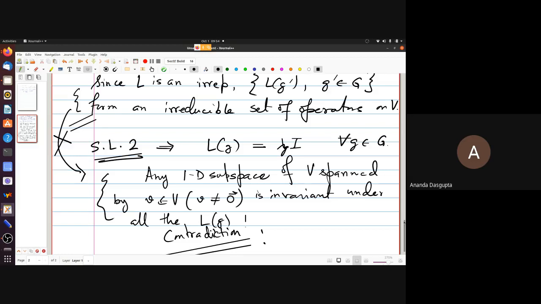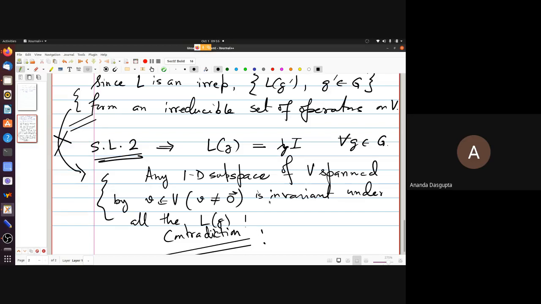And what does it mean? That means that the only subspace of V which is invariant under all the LGs is either the trivial space, the null vector alone, or the full space, right? Now we have assumed that V has a dimension more than one, which means this subspace that we have found out right now, in fact we have found infinitely many of them, but we don't need infinitely many of them for the contradiction, we just need one of them.